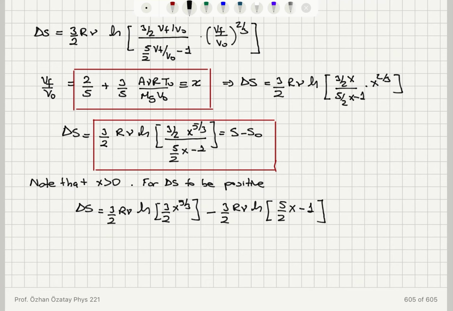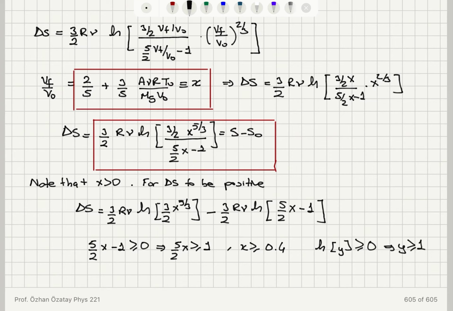So if 5 over 2 X minus 1 is positive, you would have 5 over 2 X greater or equal to 1, and X would be greater or equal to 0.4. And for the natural logarithm of a quantity to be positive, you would require y greater or equal to 1.